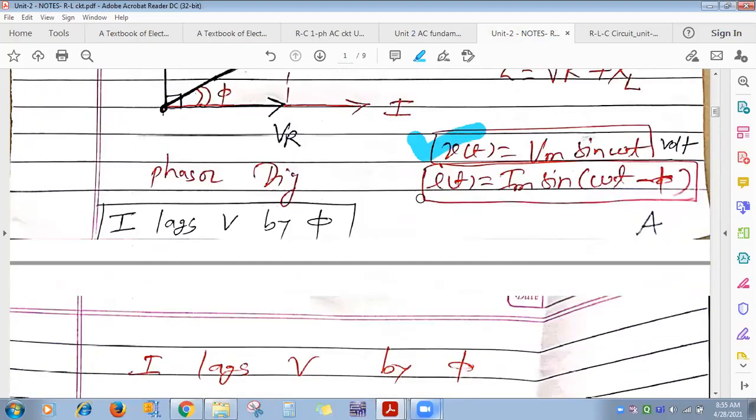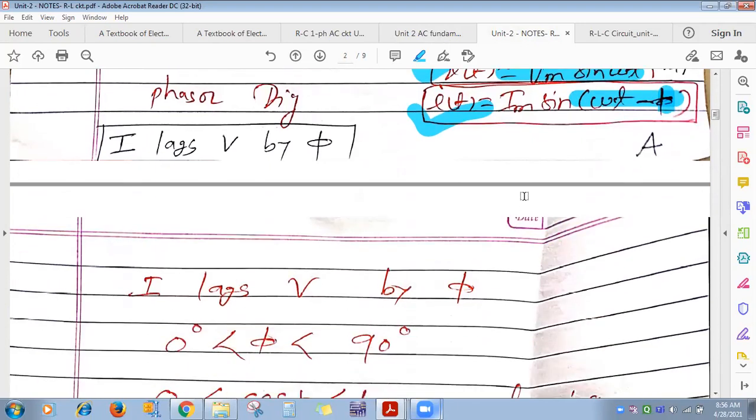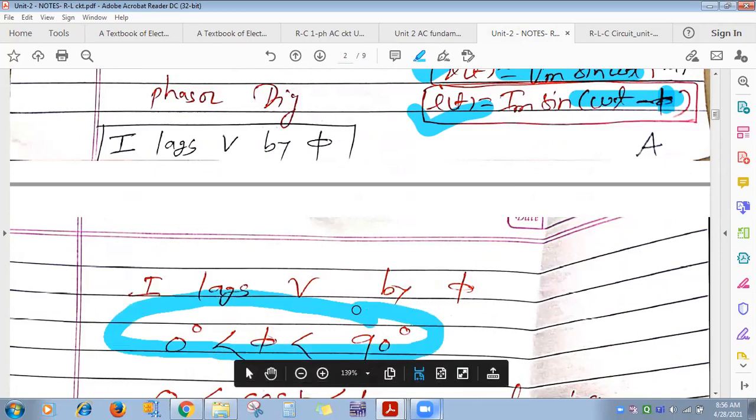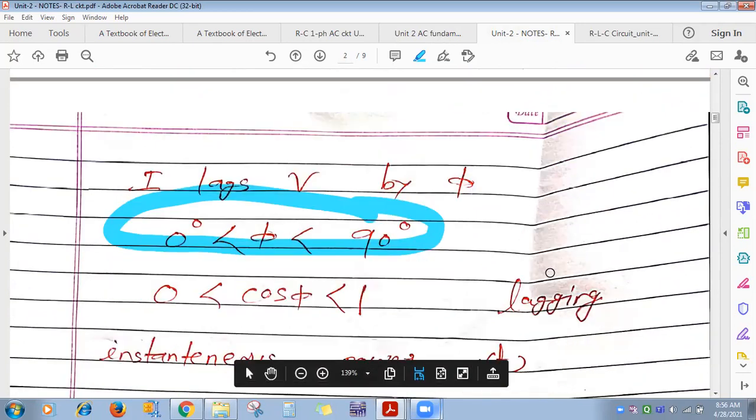The voltage equation is this, the current equation is this, where phi is between 0 and 90 degree, so it's a series RL. Sometimes this and this is given to you, and then the rest of the parameters they will ask you to find. So you have to identify: here the minus sign means current is lagging, which means inductor, and if phi is between 0 and 90 degree, then it is series RL.